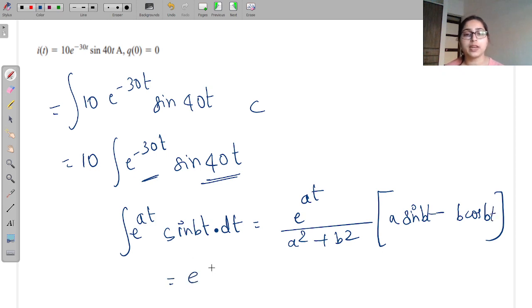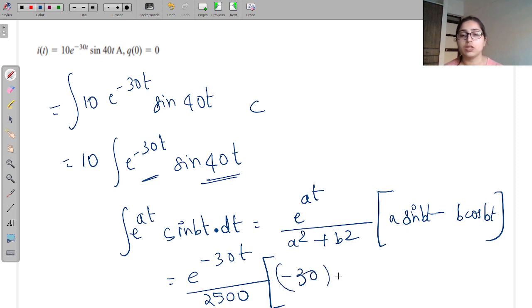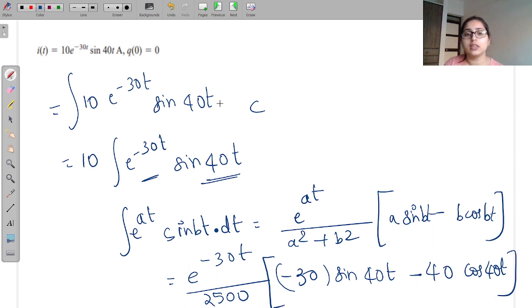So now I can write it as e to the power of minus 30t. 900 plus 1600 is 2500. A is minus 30. Comparing these two, sine of 40t minus 40 cos of 40t. So this I can simplify. Minus I can take outside.